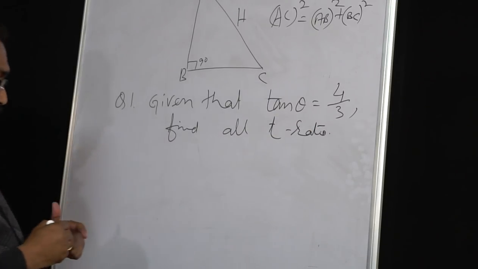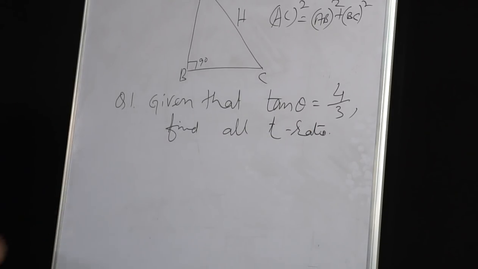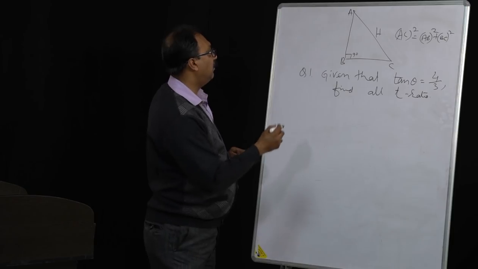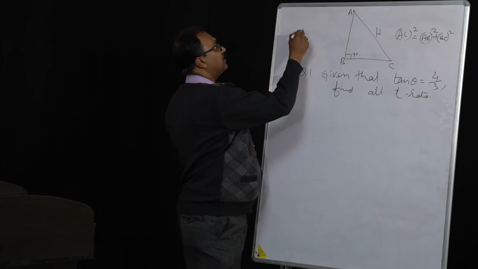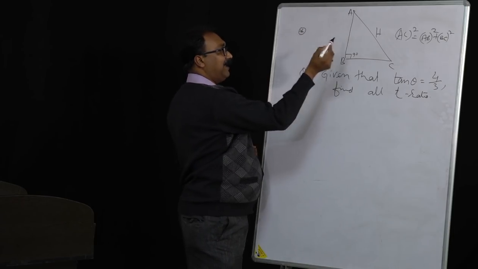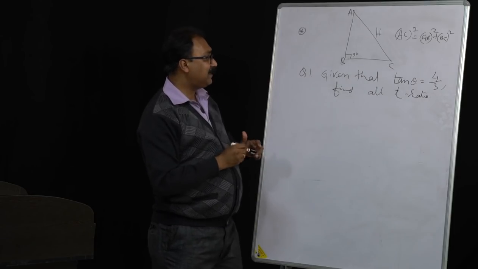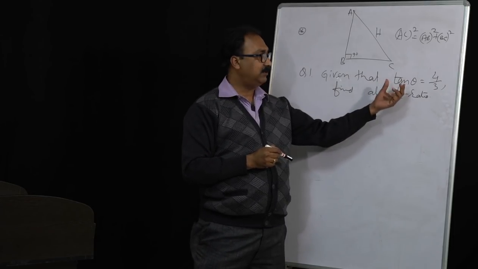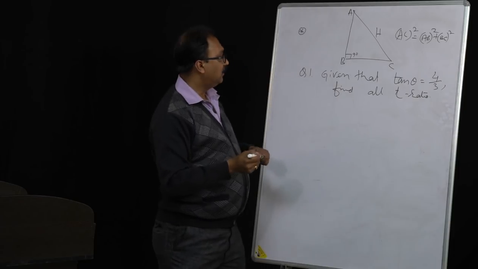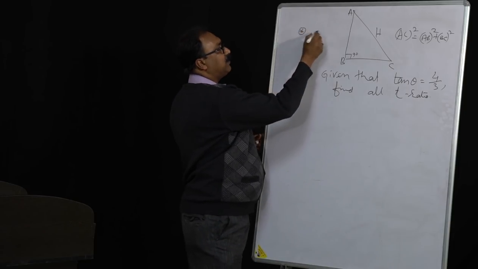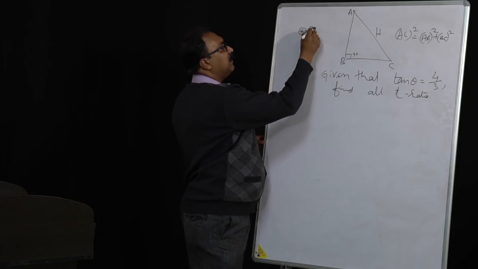Understood? Before we go to the problem, I'll give you one little instruction about sine theta and all. If anytime they ask you, what is actually sine theta, tan theta, cos theta?